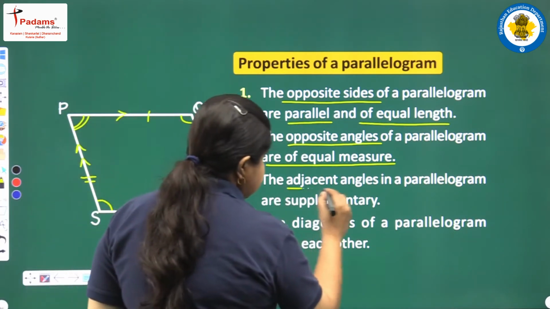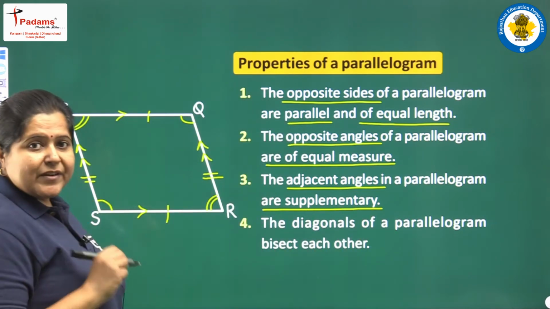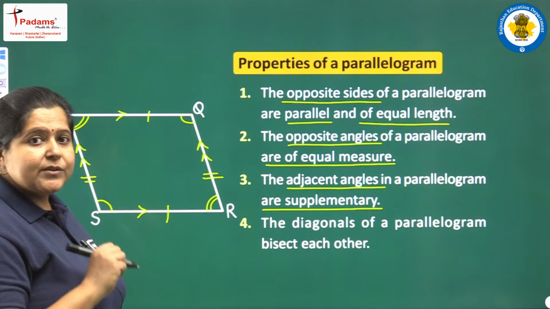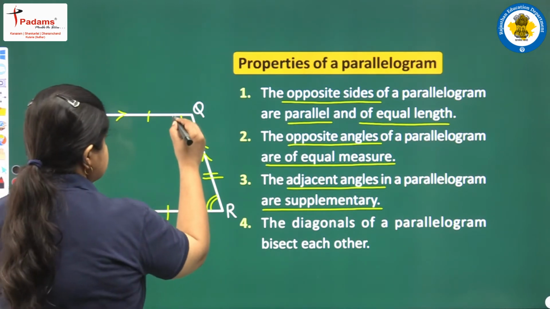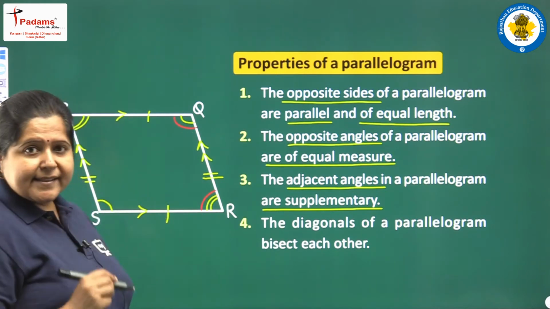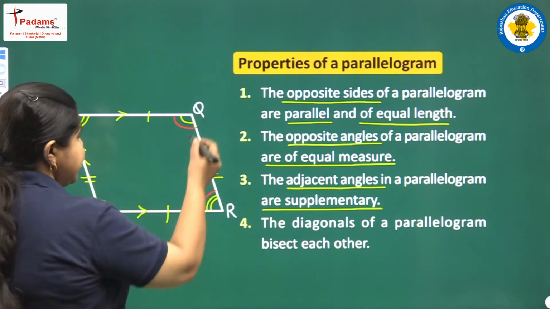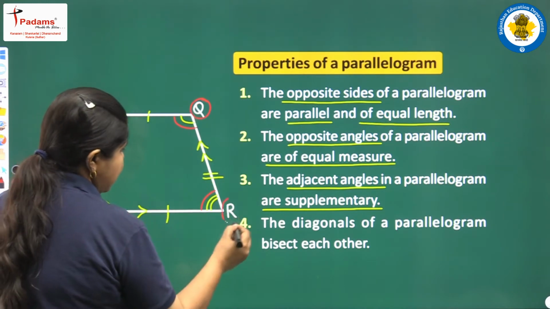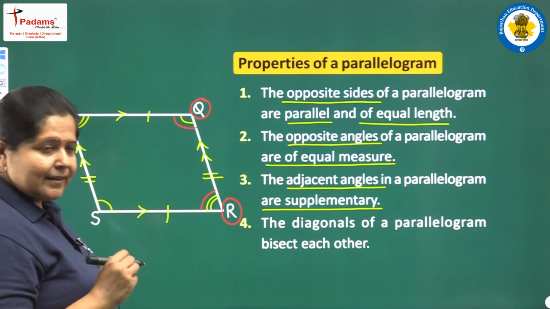Then the adjacent angles are supplementary. Supplementary means their sum will be equal to 180 degree. We can see this angle Q and this angle R. They are adjacent angles. By adjacent we mean the neighboring angles. Clearly this Q and R, they are neighbors and their sum will be equal to 180 degree.